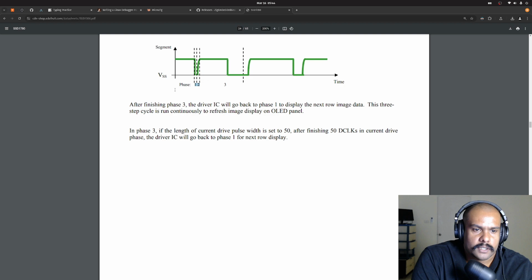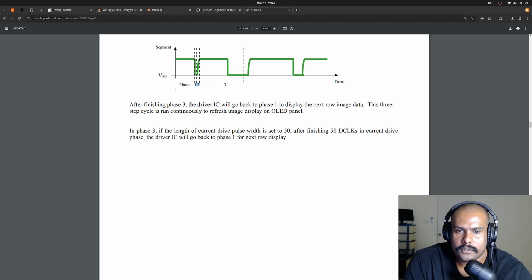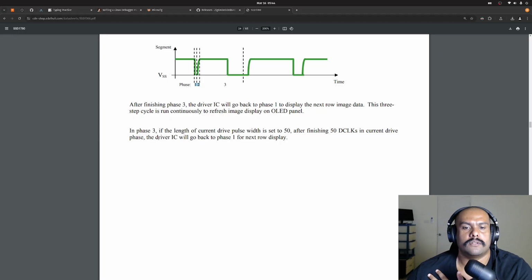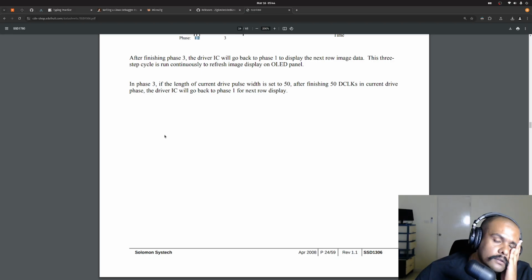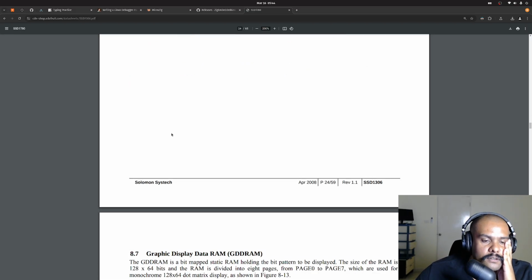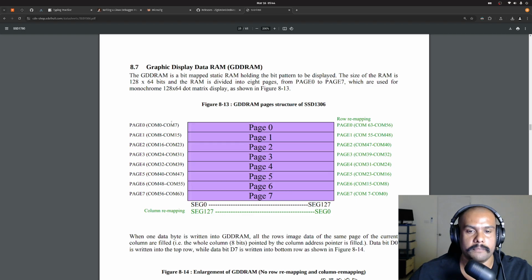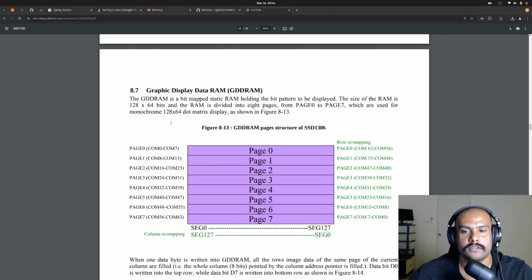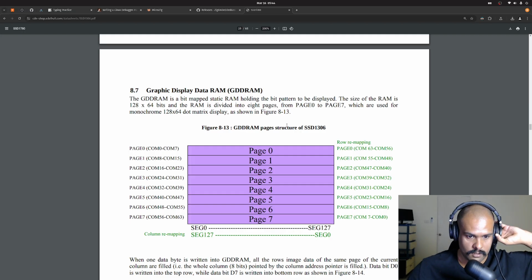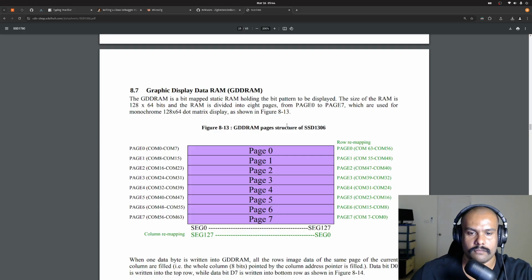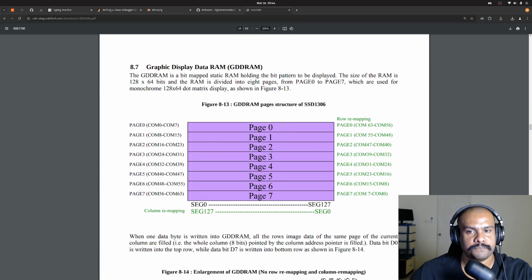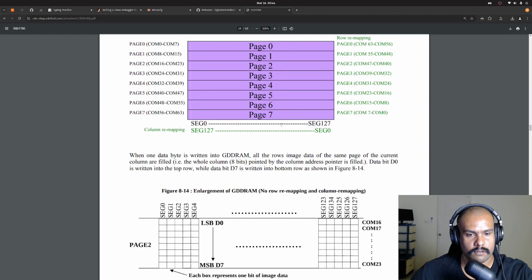In phase 3, if the length of the current drive pulse width is set to 50, after finishing 50 DCLKs in current drive phase, the driver will go back to phase 1, next row display. Okay, no idea what that means. Hey, this looks... Now this makes a little bit of sense. Okay.